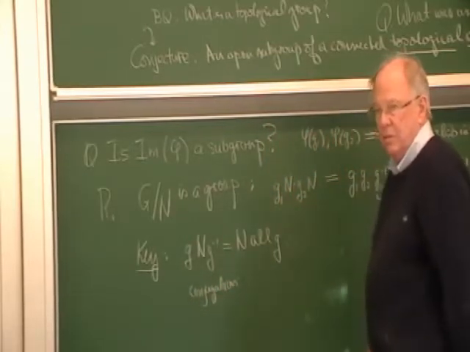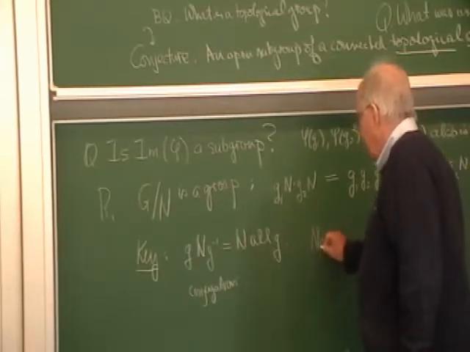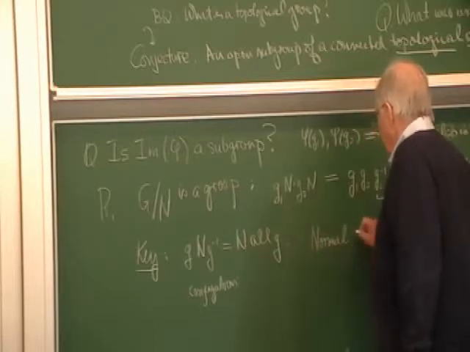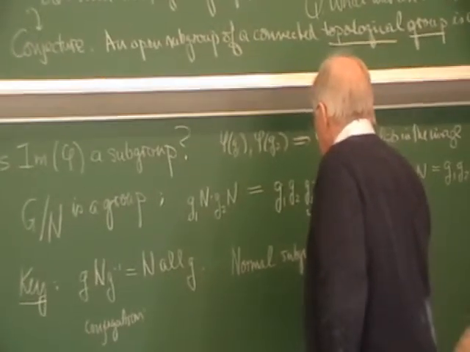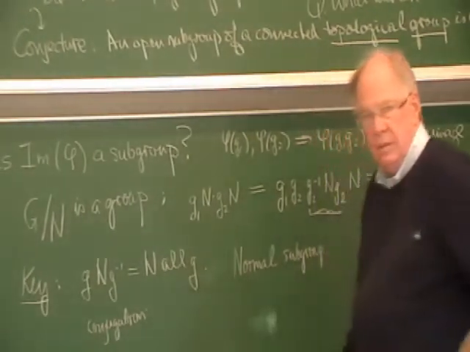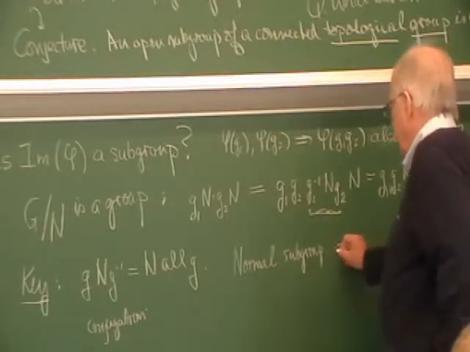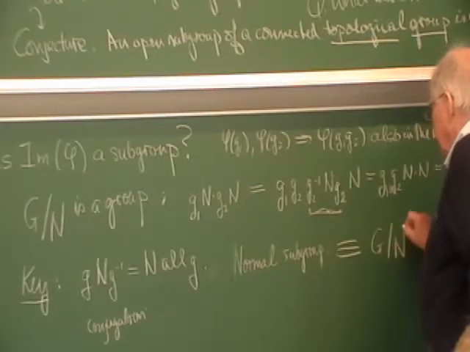I don't know who introduced this notion, but this notion to me is called n is a normal subgroup. That's the notion, and that's more or less the same thing as G modulo n as a group.